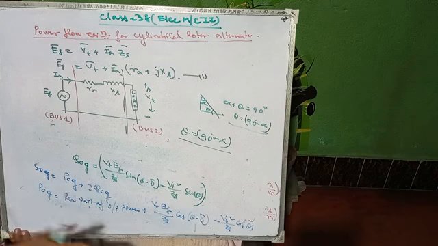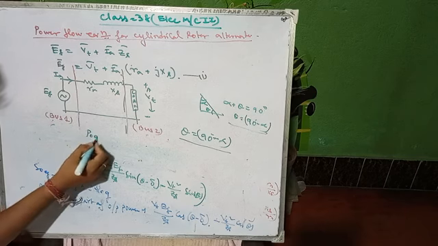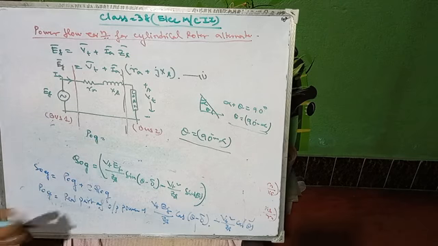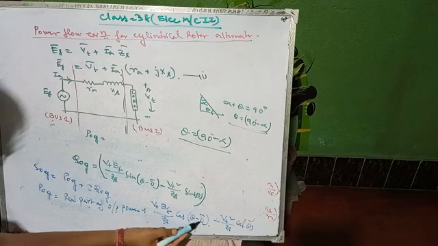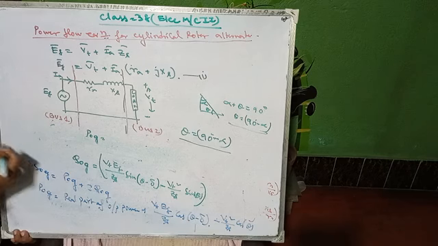If we put this relation, then POG equals cos of 90 degrees minus alpha minus delta, right?